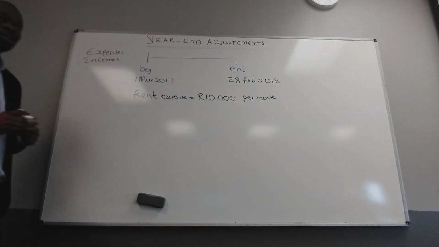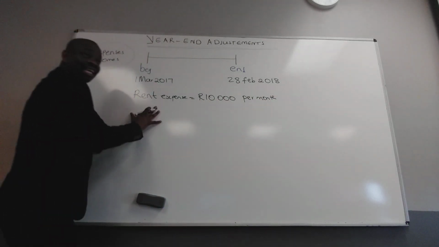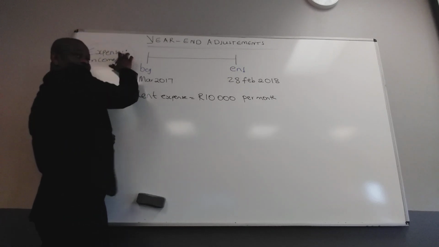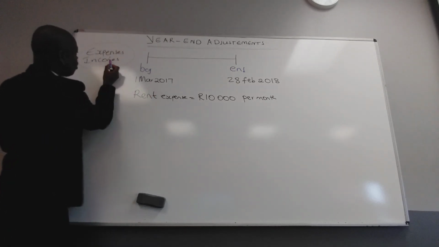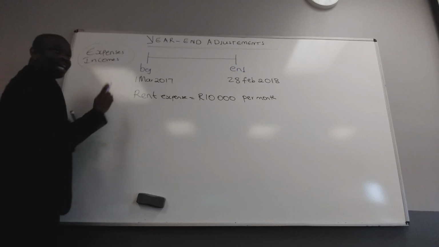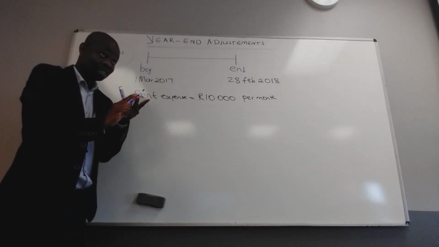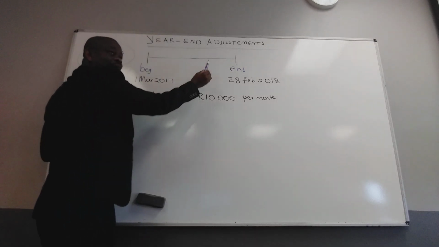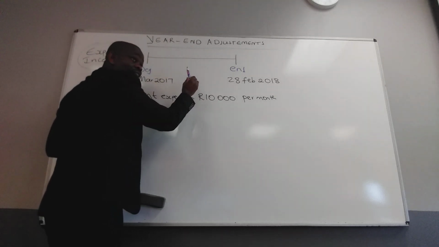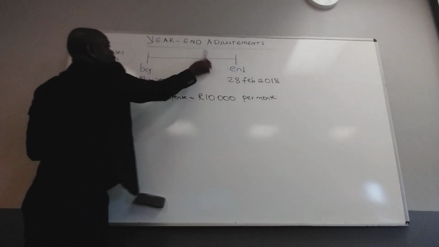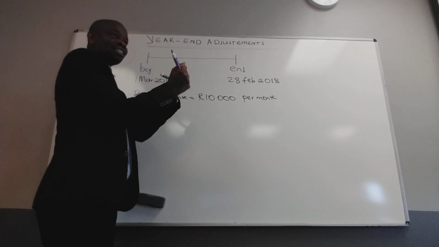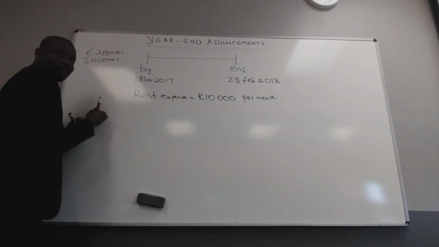per month. You see now? So rent expense, as you can see, is an expense. Remember, when you compare expenses and incomes, you either make profit or loss. So only expenses which took place during this period and the incomes which took place during this period must be compared to check whether we made profit or loss.